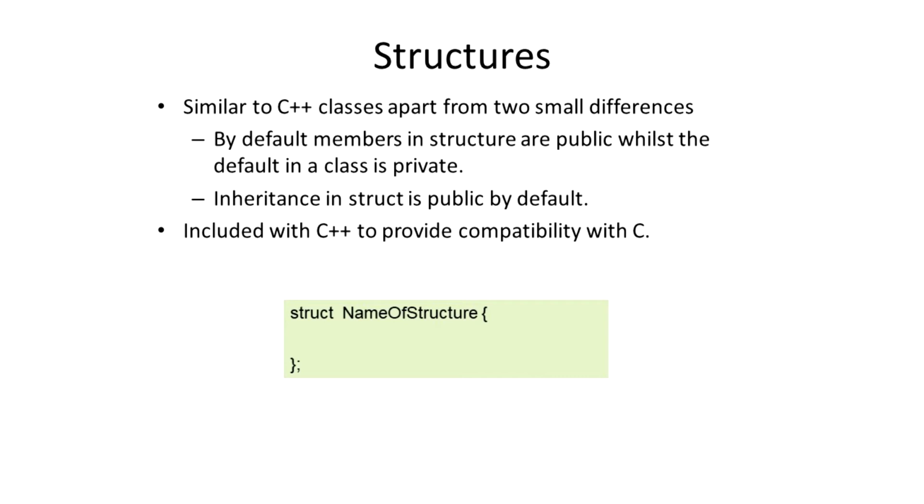Alright, so let's take a slight deviation from object orientation and talk about structures for a moment, or structs as they're otherwise known. Structures were originally created in the C language, so C++ does include them for backwards compatibility with C code, but of course this was before the days of object orientation.